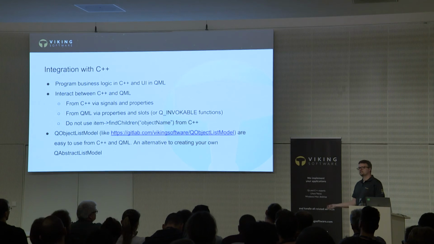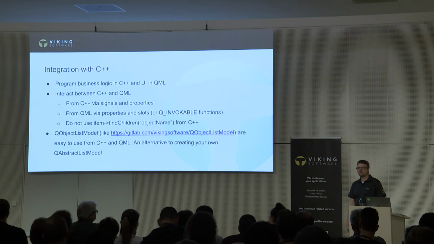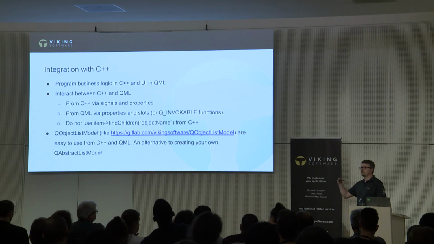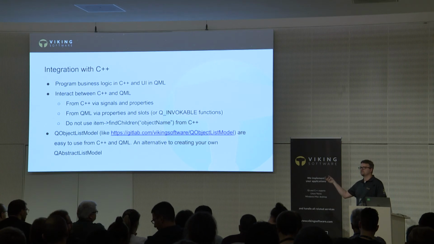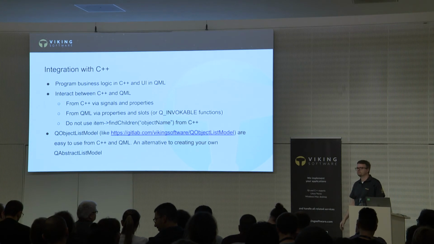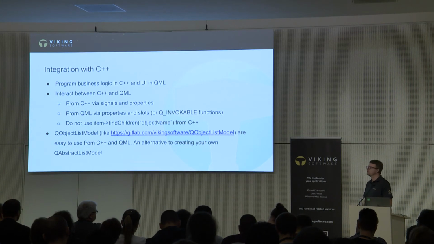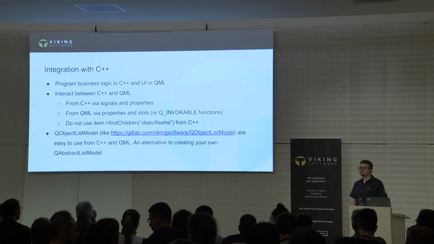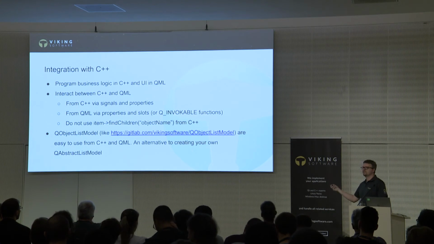But it's a template class, and you can just pass any QObject derived class there. And you can then use any property of this object. And in QML, you just use it as a model in any list view, or repeater, whatever. So it's handy to use it there.